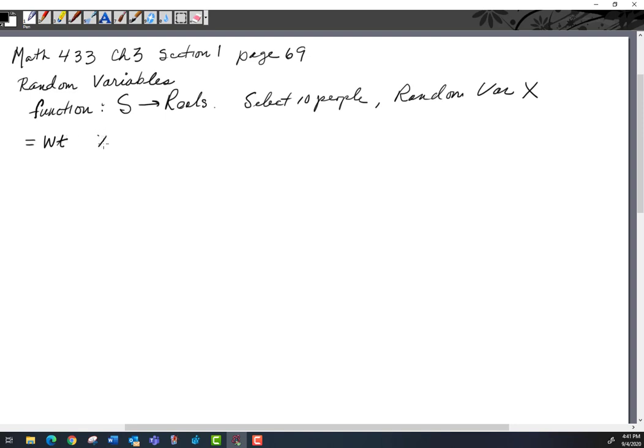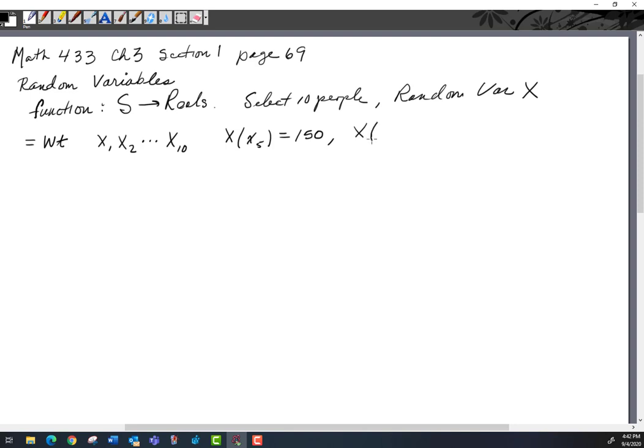So if my people are x1, x2, and we'll go through x10, then x of x5 might be 150 pounds.